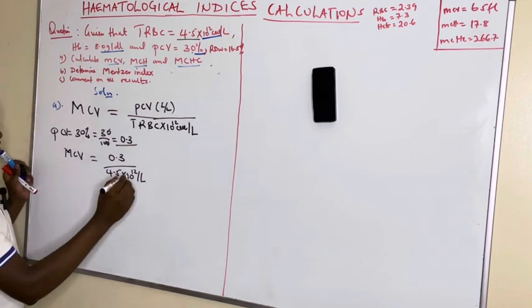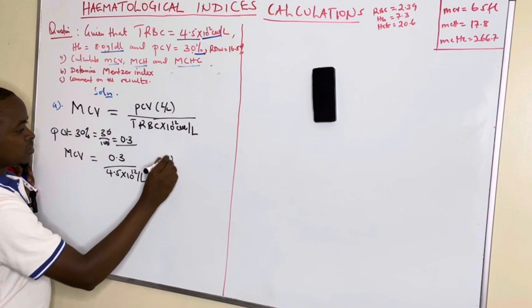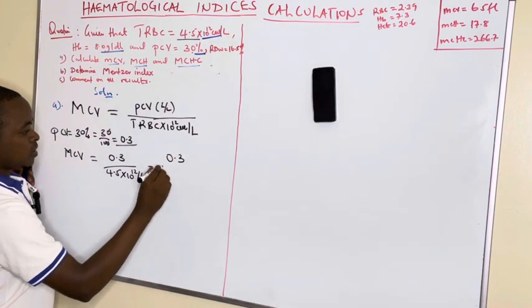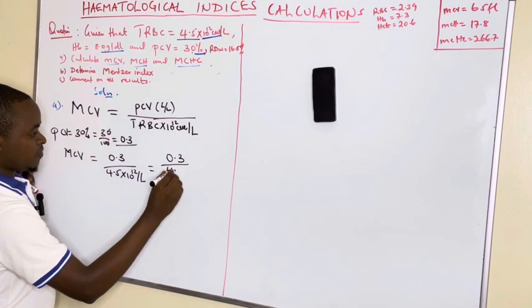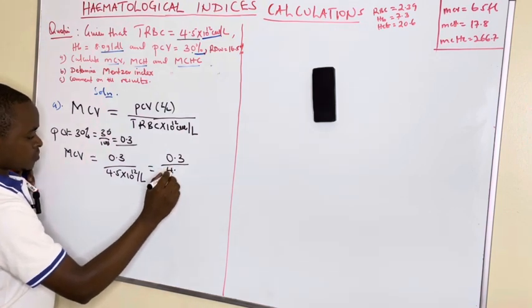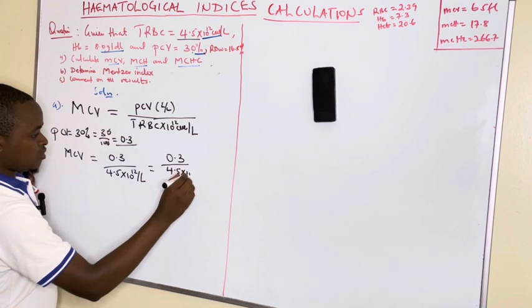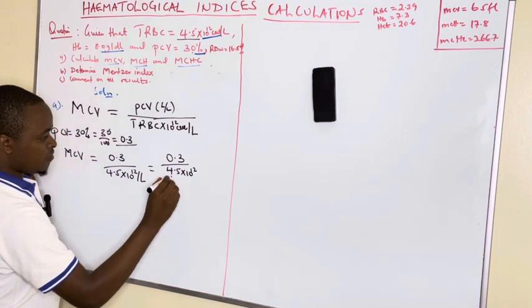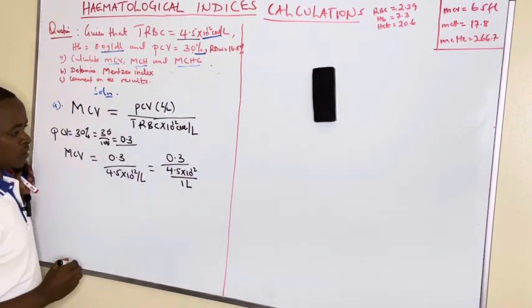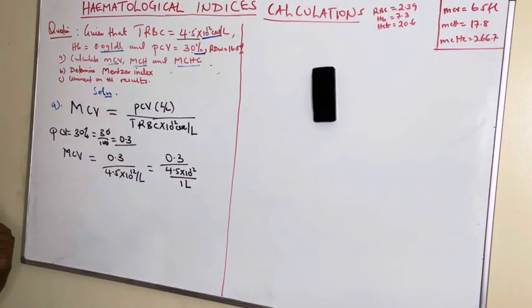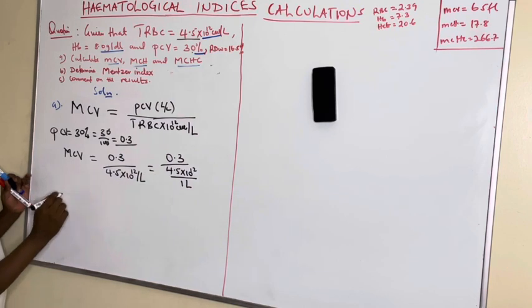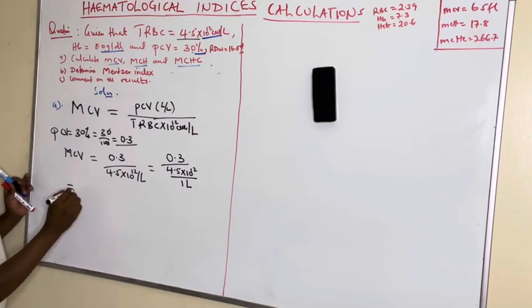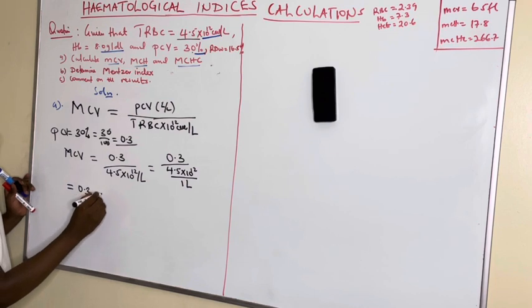And this is equivalent to 0.3 divided by 4.5 times 10 to power 12, then you divide by 1 liter, because this is per liter. Per means a division sign. We can always work on this by saying 0.3, then you divide this one.